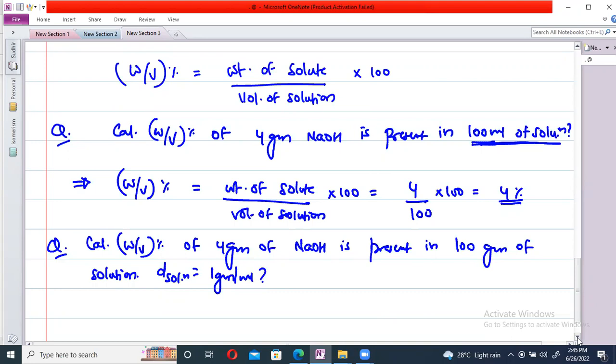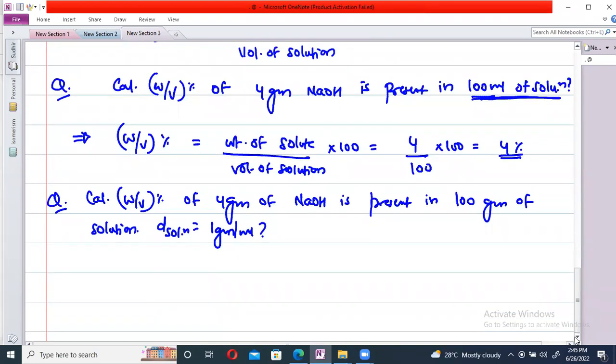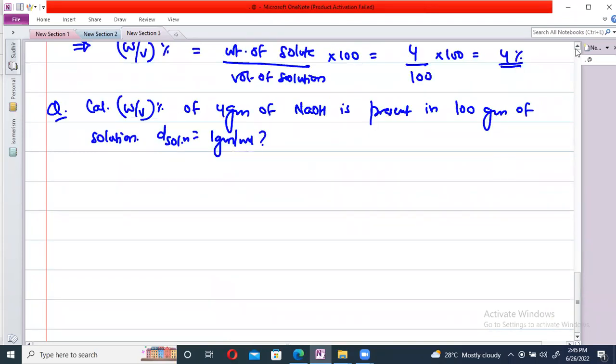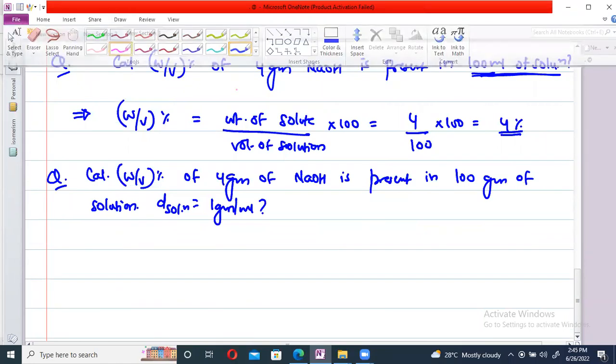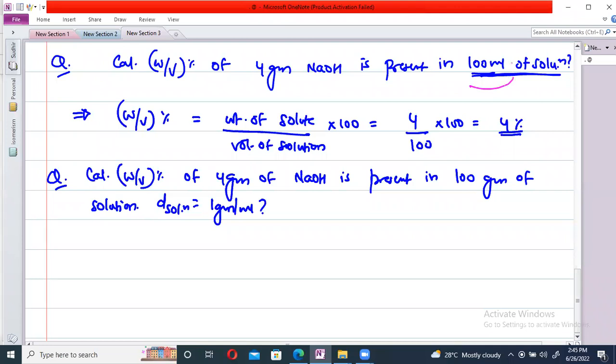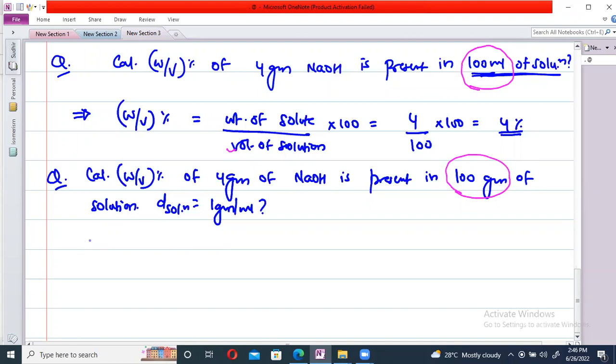It is the same question, but there is a small difference. Are you able to find the difference? In the first case, it is 100 ml of solution. In this case, it is 100 gram of solution. If it is a volume in ml, okay, but here the volume is not in ml. It is the weight of the solution they give.